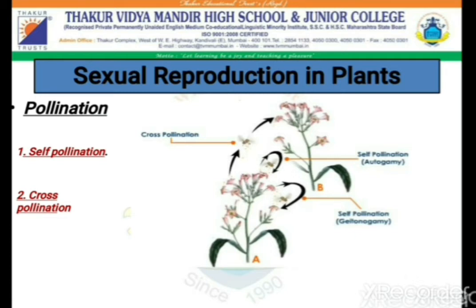Now, these pollen grains can be transferred by various agents. The agent can be air, water, wind, insects, birds, or animals. It's a natural process in which the pollen grain bags burst and the pollen grains are transferred from the anther to the stigma.